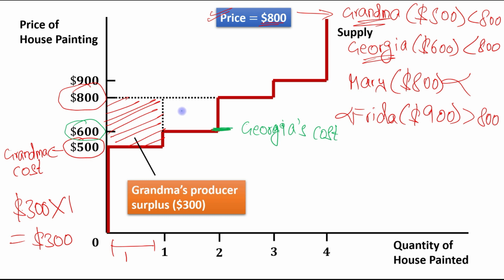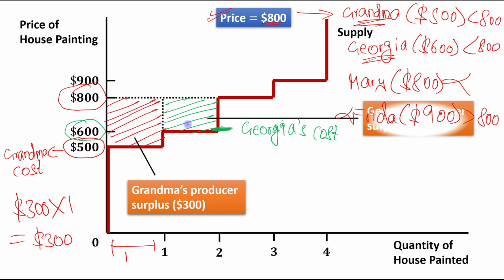So the area below the price and above the supply curve, this portion, will be the producer surplus of Georgia. This portion is Georgia's producer surplus of $200.